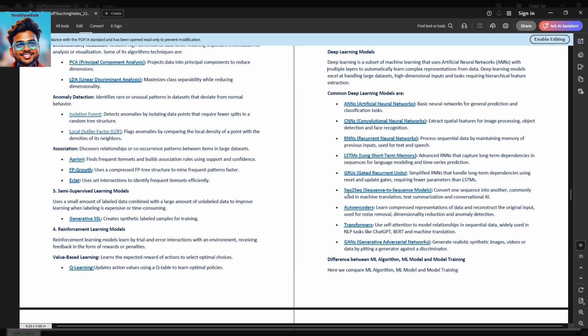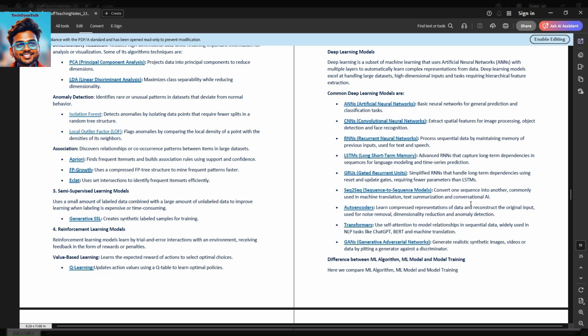Sequence to sequence models convert one sequence into another, commonly used in machine translation, text summarization, and conversational AI. Autoencoders learn compressed representations of data and reconstruct the original input, used for noise removal, dimensionality reduction, and anomaly detection.